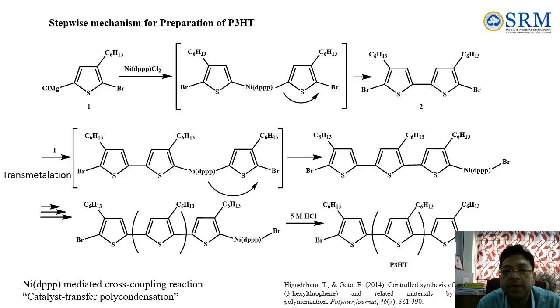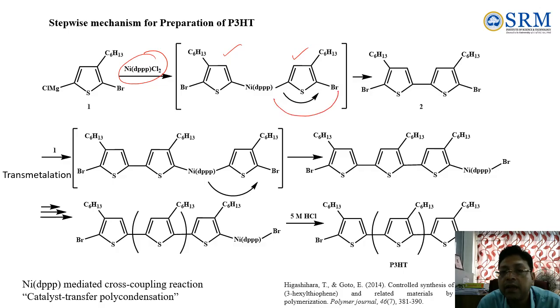So what happens here? If we treat the monomer with this nickel catalyst, this nickel catalyst is embedded between the two monomeric units, and then it will walk through the conjugation, and it will transfer from here to here.